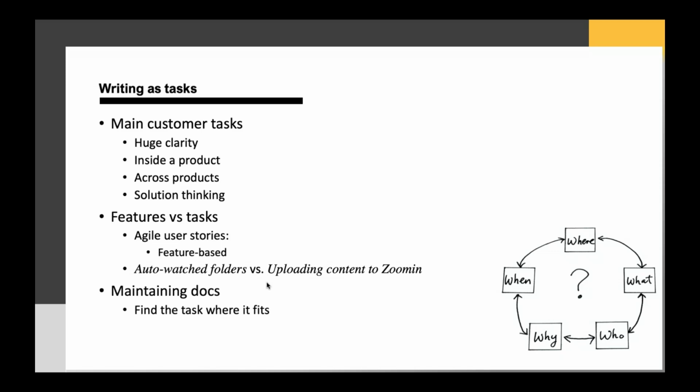And then, of course, when you maintain documentation and there's a new sprint and some new features coming in, the question is not, oh, where should I add this feature in the table of contents? It's which task does it fit in? And sometimes that feature can appear in several tasks, okay?